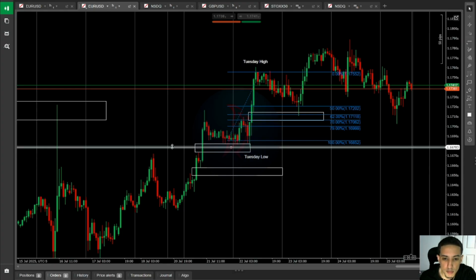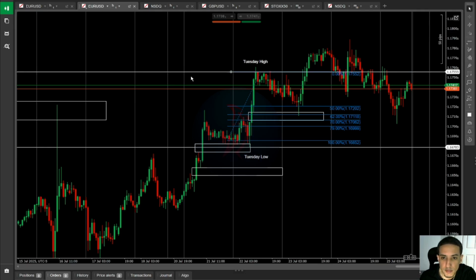That's where I would place my stop loss for this entry. So we would buy here in this area, and then stop loss would be down here. Our first target is going to be Tuesday's high.